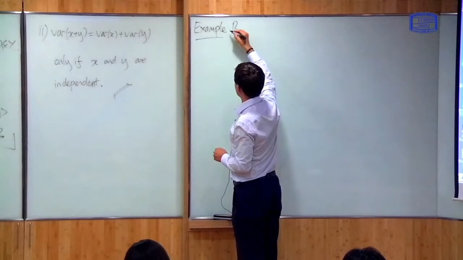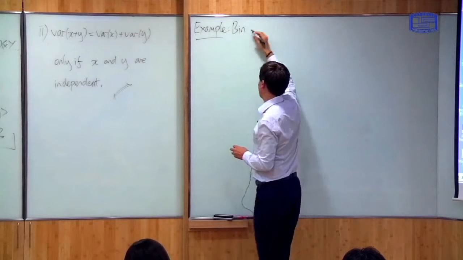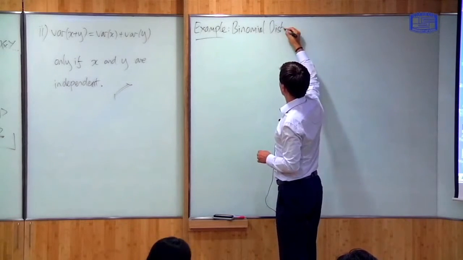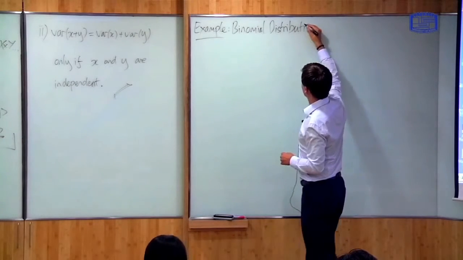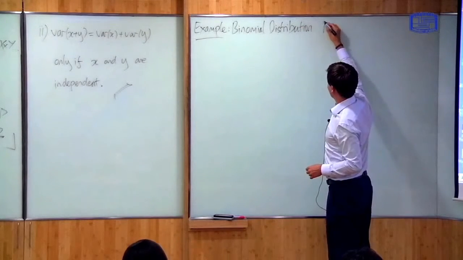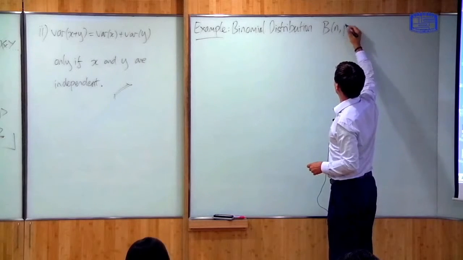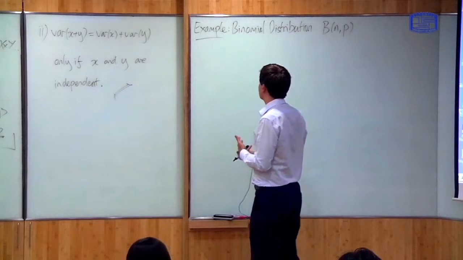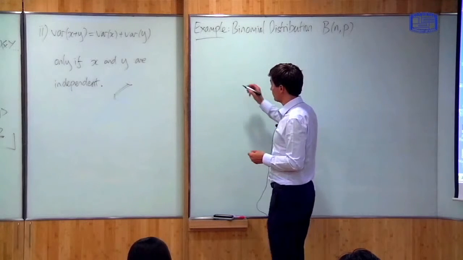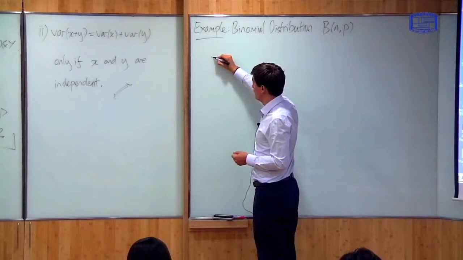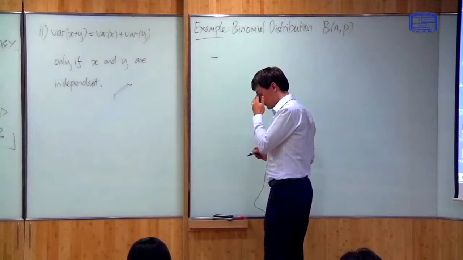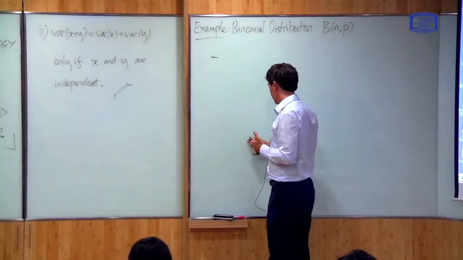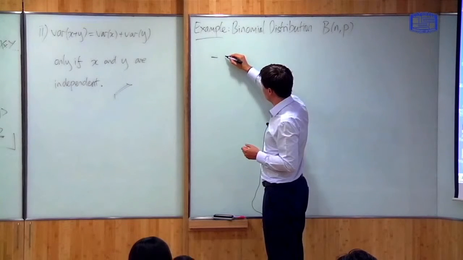The example I want to give is what's known as the binomial distribution, which I will give the symbol B(n, p).